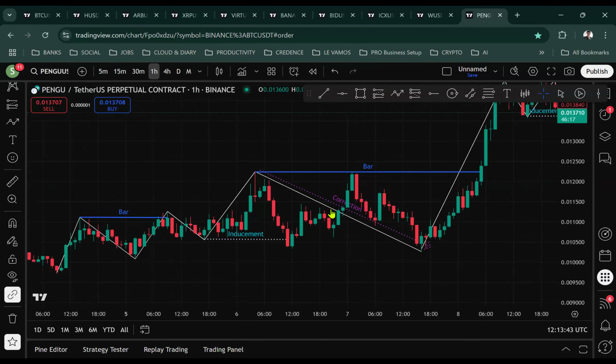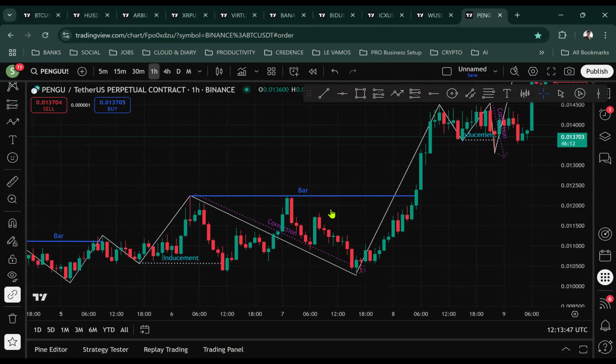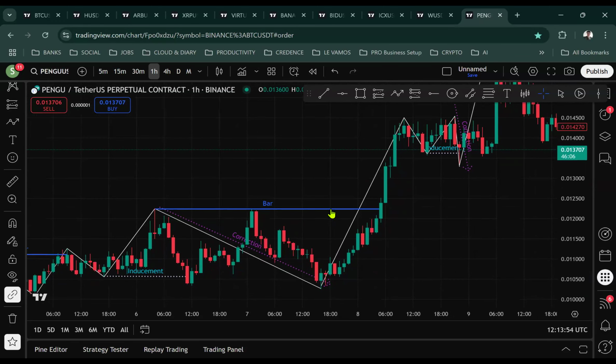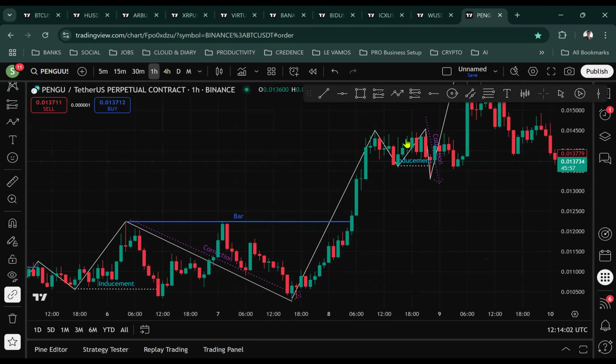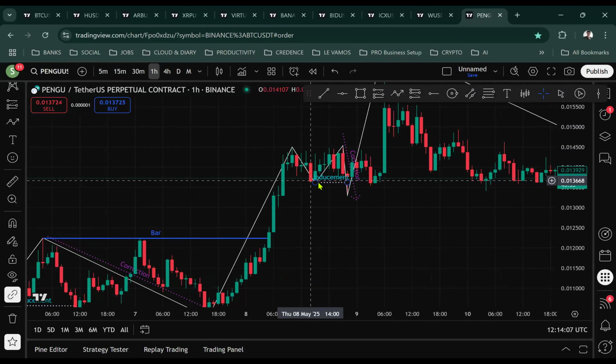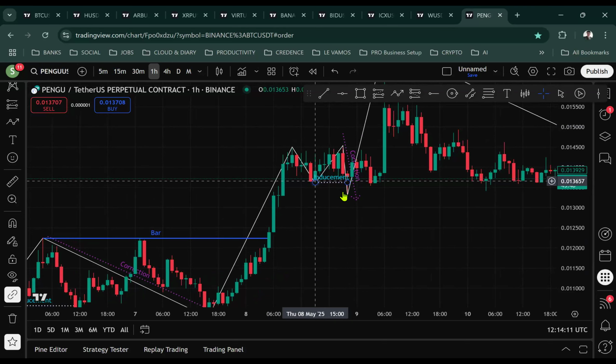So at this point where the correction is ending, we'll start another impulsive move from there, from here, moving on to marking valid pullbacks. This is the valid pullback, the last one, and it crossed here. So this is the inducement. Correct, no?